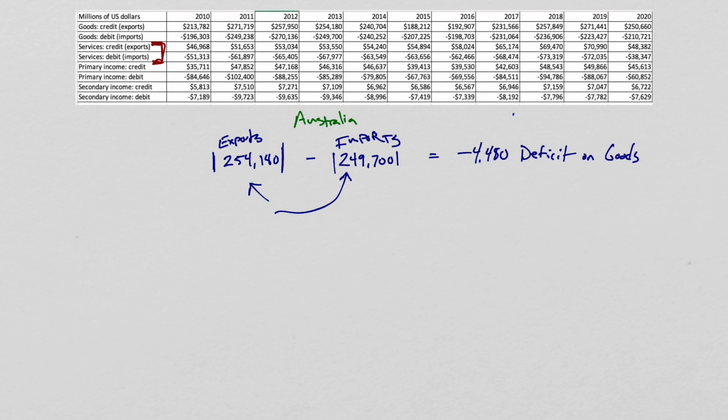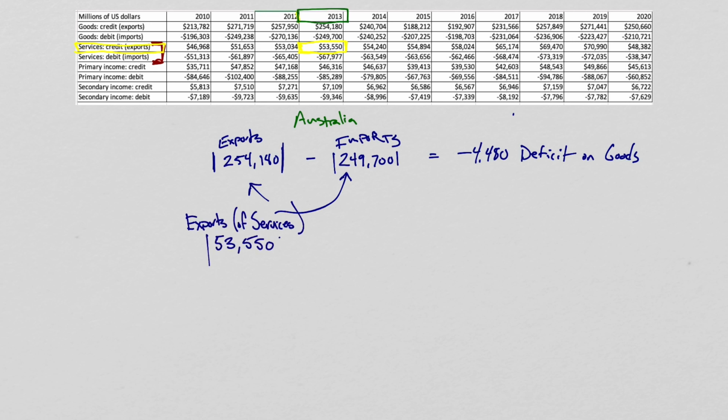So the approach with services is the same thing. I'm going to highlight in green here. We're looking at 2013. Yellow is going to be the amount of exports of services that Australia provides. So legal, real estate, whatever type of services, is 53,500.